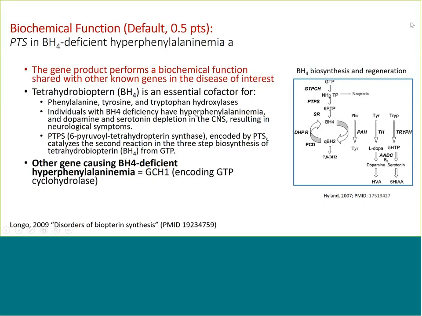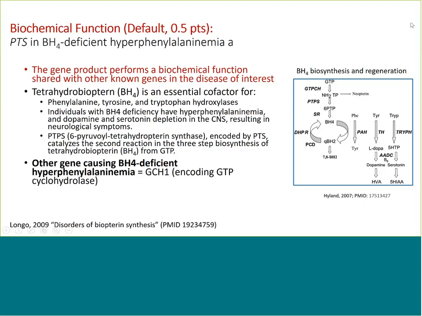hyperphenylalaninemia resulting from the PAH deficiency, and they also have dopamine and serotonin depletion in the CNS because the tyrosine hydroxylase and tryptophan hydroxylase are not working appropriately, and this all results in neurological symptoms which are seen in the patients. So the enzyme that is encoded by the PTS gene, which is 6-pyruvoyl tetrahydrobiopterin synthase, catalyzes the second reaction in tetrahydrobiopterin biosynthesis.